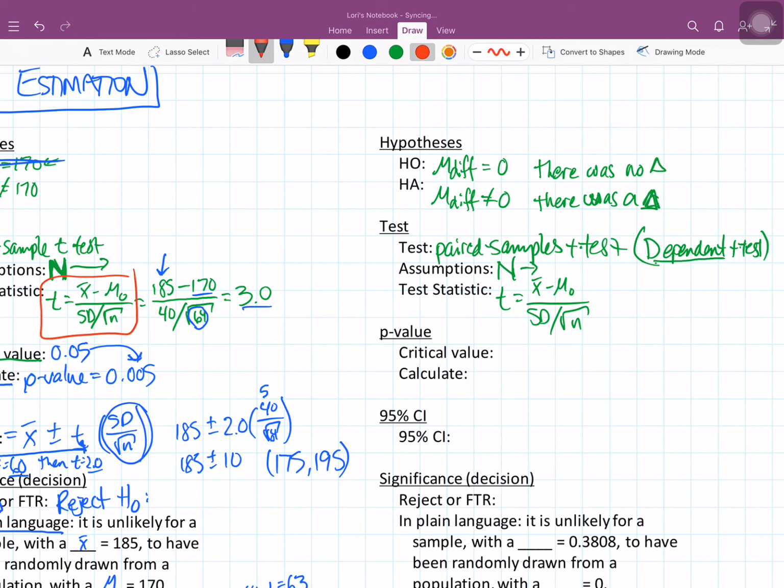Well, the only difference is that this is the x bar of the difference. Again, remember that because this is a t-test, it has a certain number of degrees of freedom, and that is equal to n minus 1 here. Same exact thing, so no difference there. df equals n minus 1.